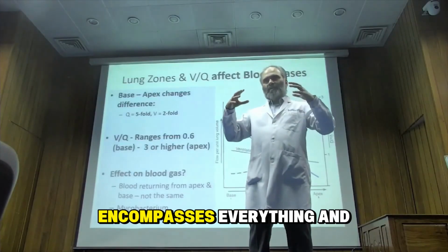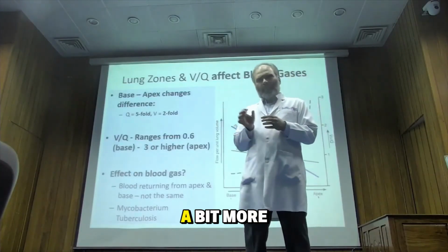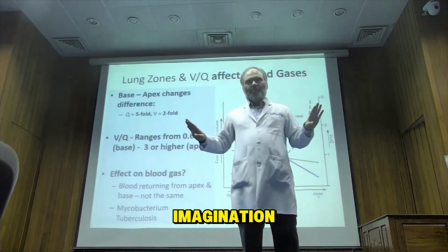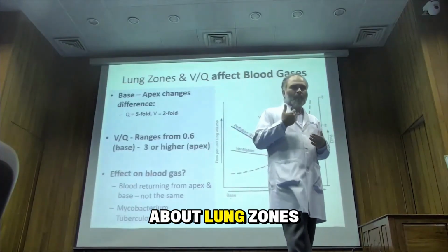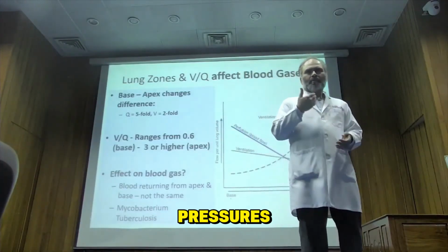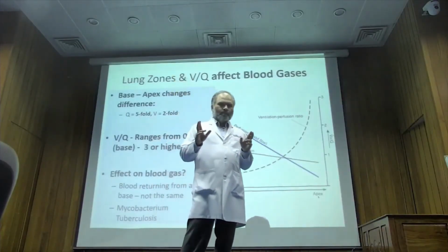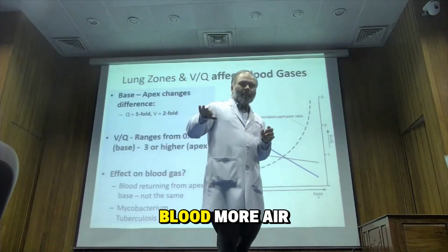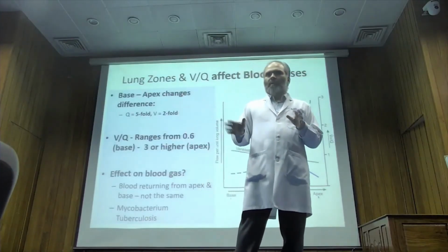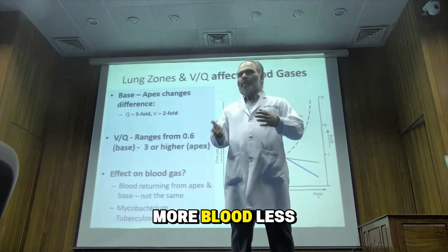It really encompasses everything and a bit more. It stretches your imagination. So think about lung zones, think about the pressures, think about V over Q. What is happening? In the higher areas, there is less blood, more air. Yes? In the base areas, there is more blood, less gas.